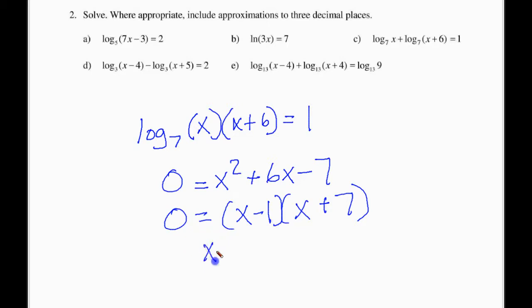So we get x equals 1 or x equals negative 7. But as we just said a few moments ago, can we have a negative 7 as a logarithm? And the answer is no. So we reject this one. Our answer is 1. And the technique we used was to convert it from a logarithmic form into its exponential form.